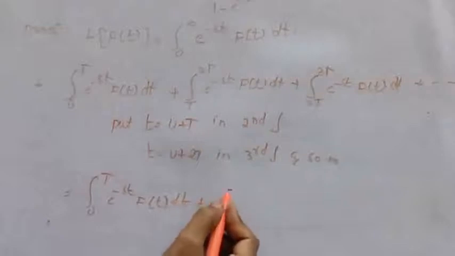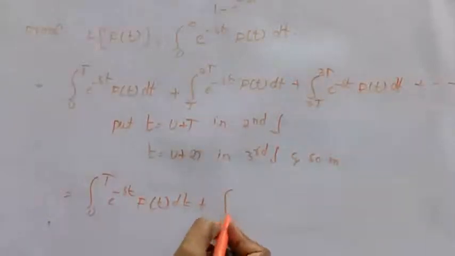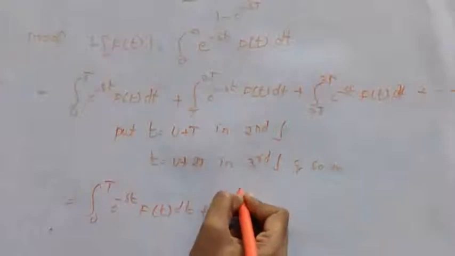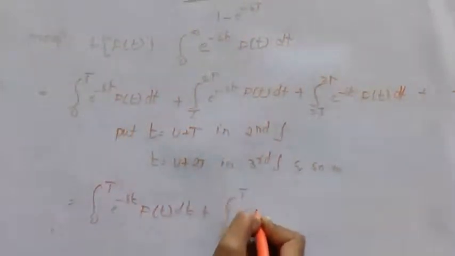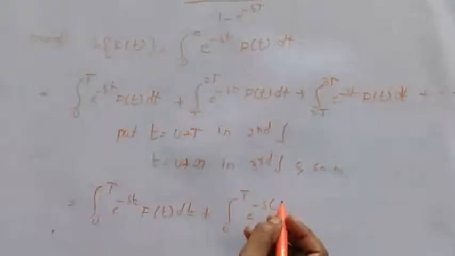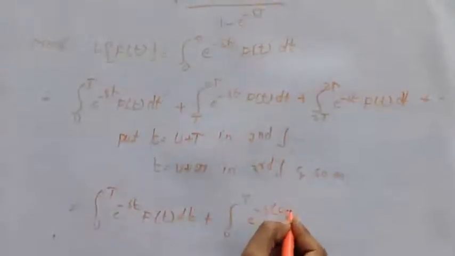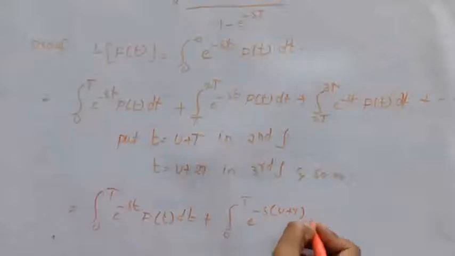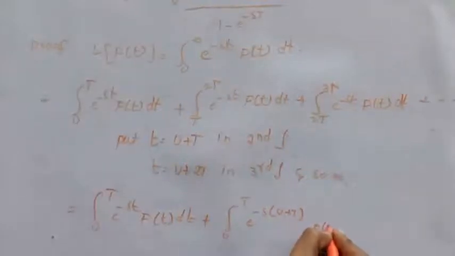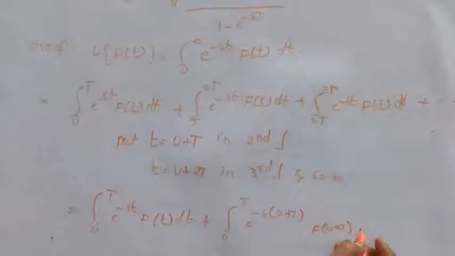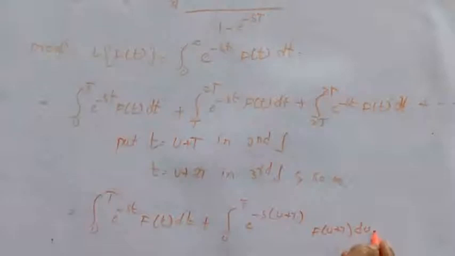Plus integral 0 to T of e power minus s of u plus T, because in place of t you have to substitute u plus T, into f of u plus T into du, because we are writing the function in terms of u.